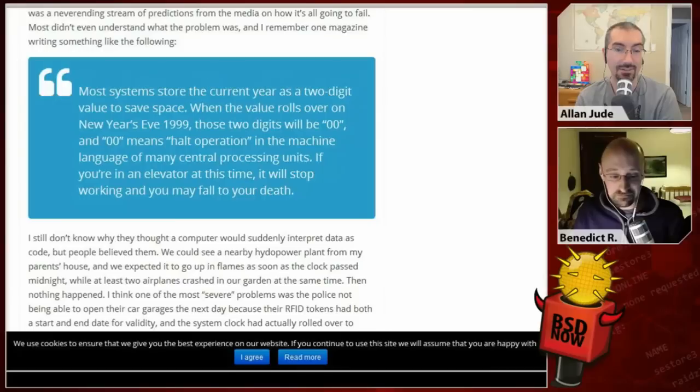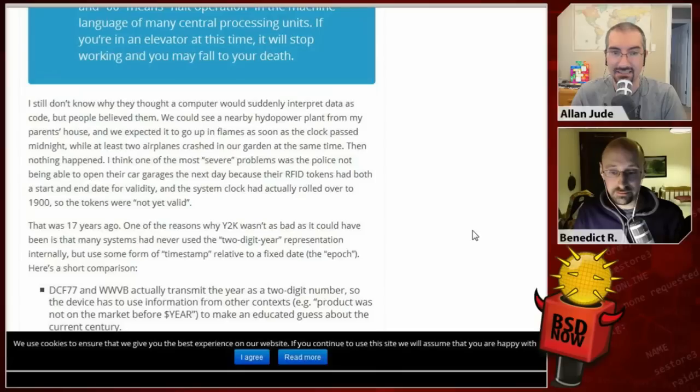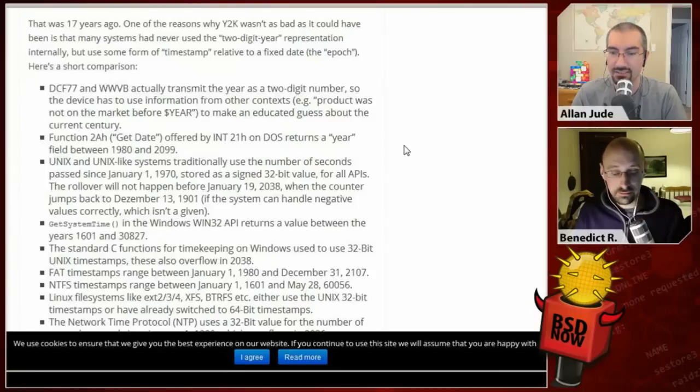One of the reasons why Y2K wasn't as bad as it could have been is that most systems don't actually use a 2-digit year representation internally. That was just for the text. Instead they use some form of timestamp relative to a fixed date or an epoch. So you can see some examples here.